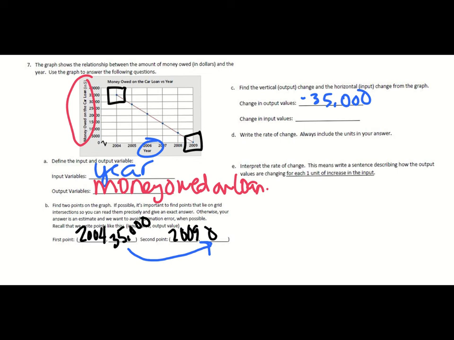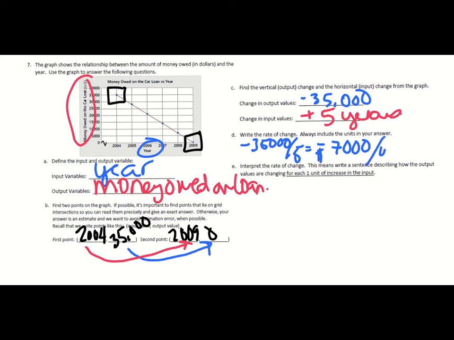And then I went from 2004 to 2009. So that's up 5 years. So then my rate of change is going to be minus 35,000 divided by 5. So I'm basically going down $7,000 per year.